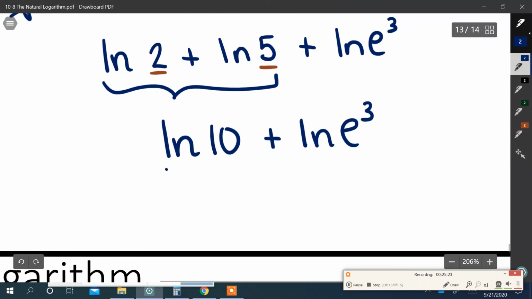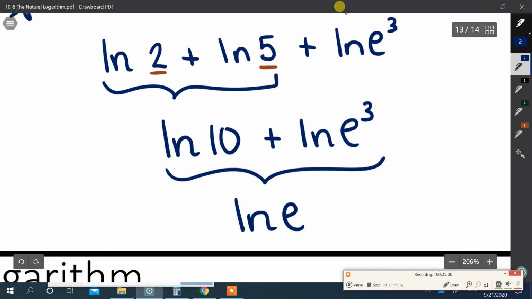Then the same rule applies here. Our final rule is going to be logarithm of e to the third times 10. Or actually, I'm going to write it like this: logarithm of 10 e to the third.